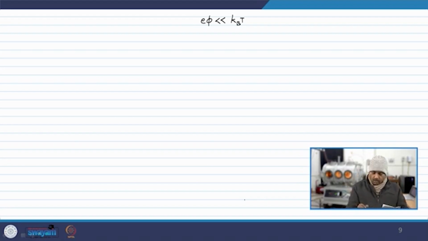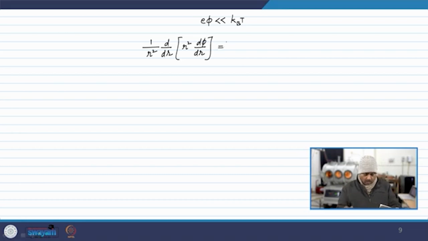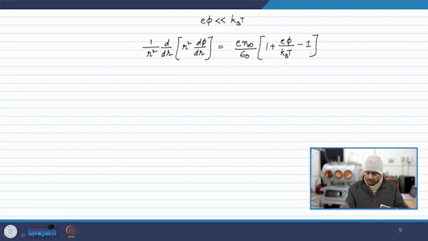so I can use it. So, I will write it again: (1/r²) d/dr (r² dφ/dr) = (e n∞/ε₀) times (1 + eφ/k_B T − 1).